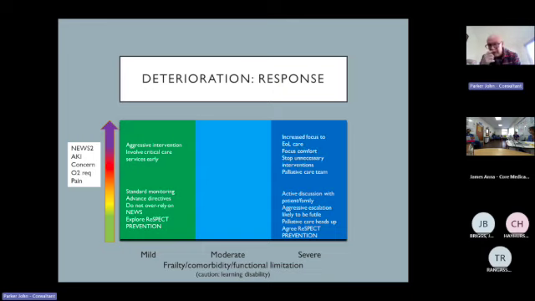And when they do deteriorate, the team looking after those patients should start to roll forward the process of end-of-life care, focusing on comfort, stopping unnecessary interventions, and involving palliative care as needed. It's not really for critical care to be involved with these types of patients.